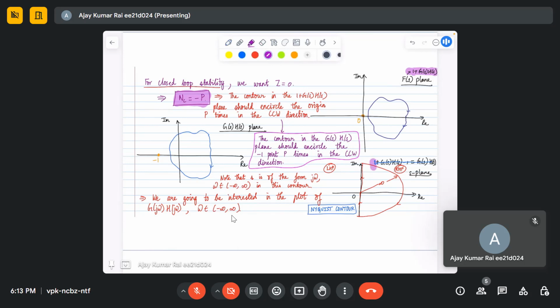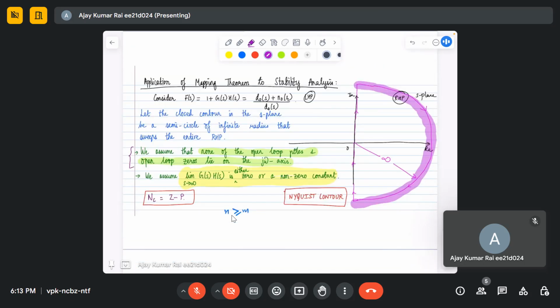Let me take the highlighter here. In this case, what we want is to vary s from minus infinity to infinity. Already in the Nyquist plot, as omega is varied from 0 to infinity, we can plot the Nyquist plot, right? Here omega is varied from minus infinity to infinity, and for the semicircle, as you already know, that will be a 0 or non-zero constant.